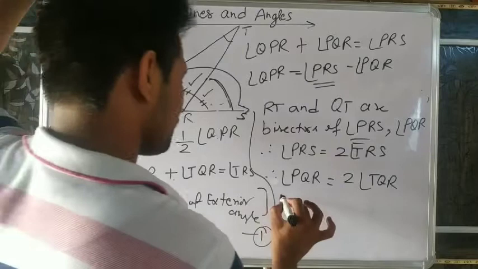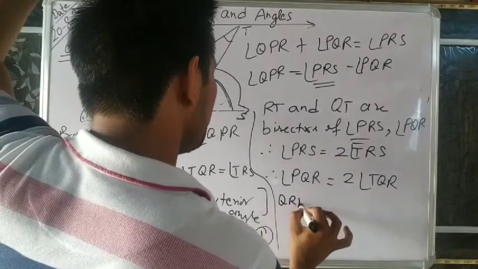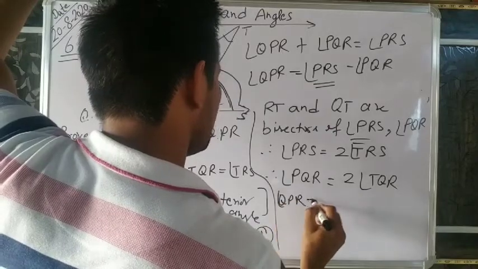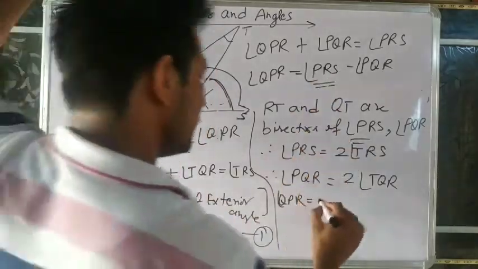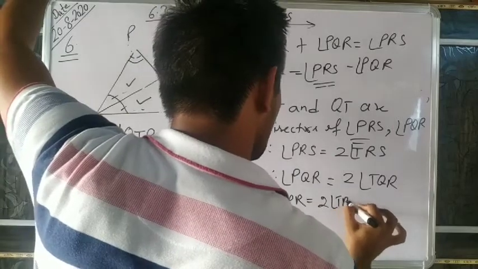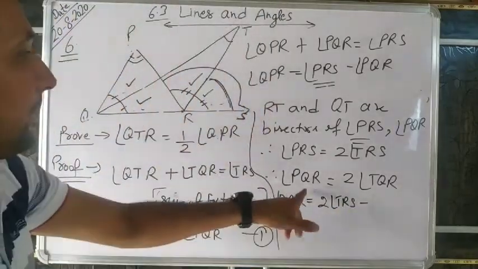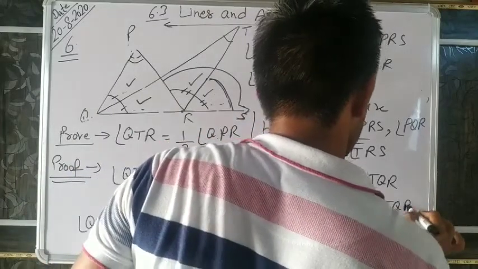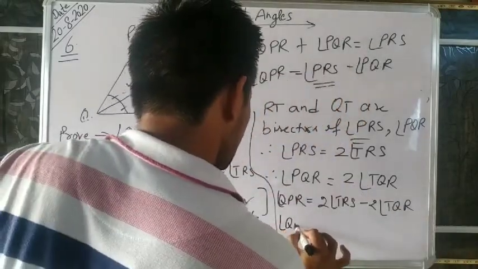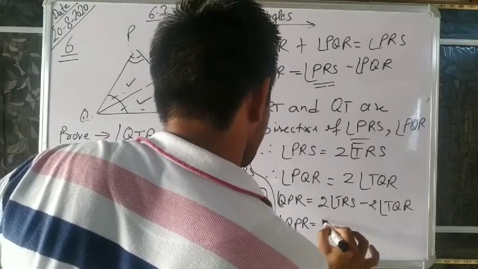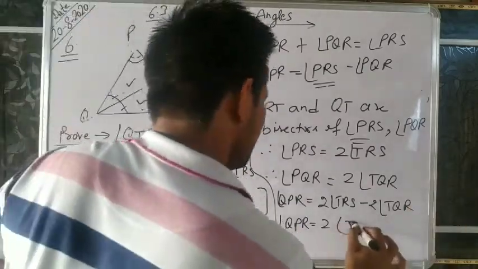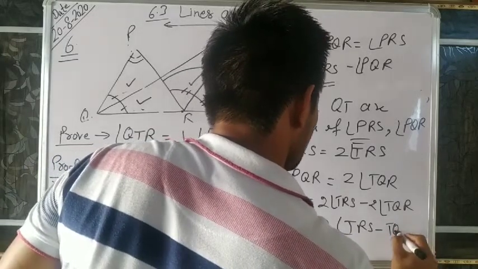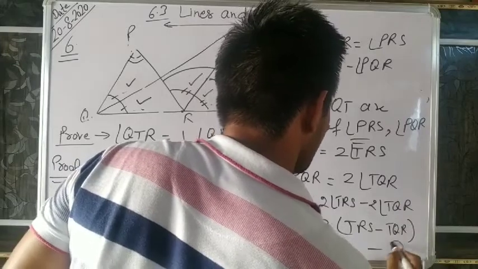So angle QPR equals PRS, which equals 2 TRS minus 2 PQR. What is common? 2 is common. So angle QPR equals 2 times (TRS minus TQR), equation number 2.